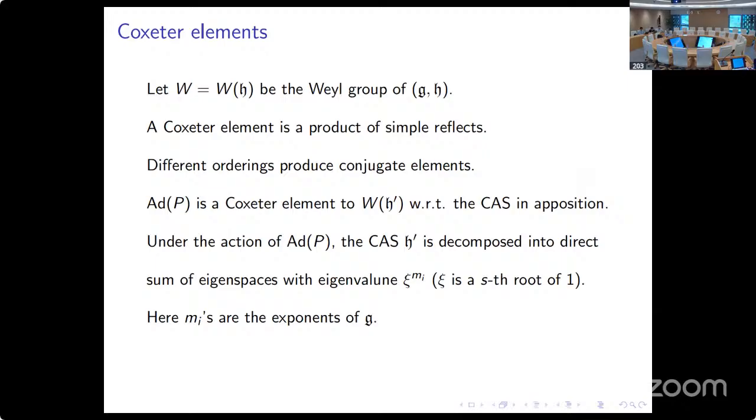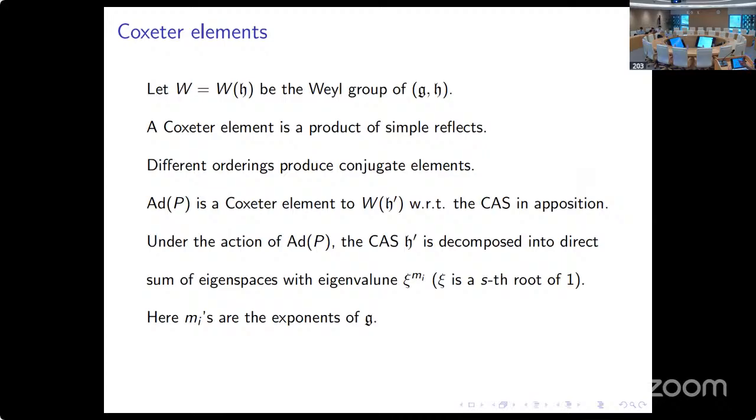So the principal element is also corresponding to the Coxeter element, but not in the original Cartan subgroup. Because P is inside the Cartan subgroup, if it acts on the original Cartan subalgebra, it will be a trivial element.